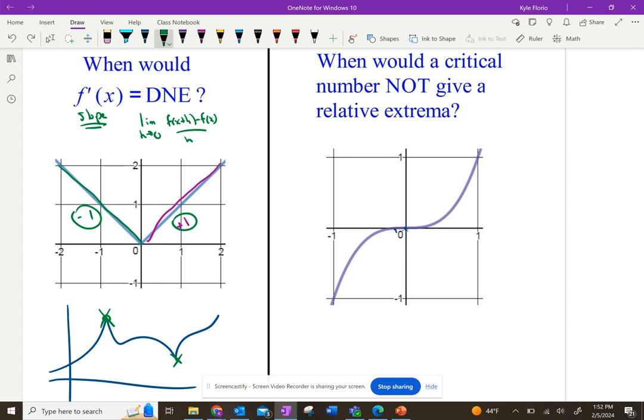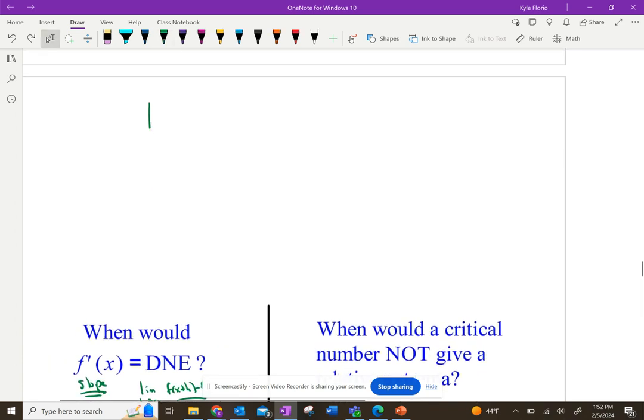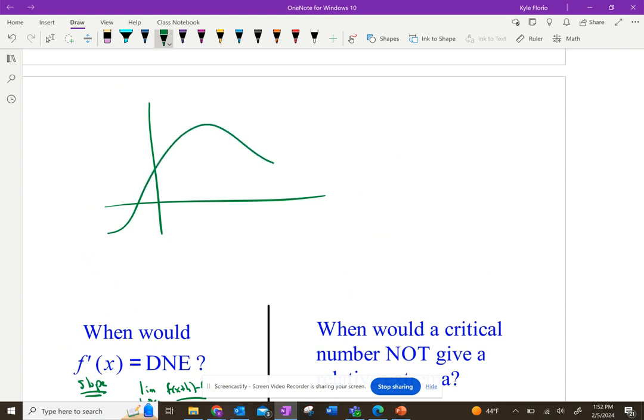This is what it might look like. Now, I said before, if we have a max or min, it's got to be at a critical number. So before, when I asked whether the function has any horizontal or vertical tangent lines, what we would do is find out when the derivative equals 0. That tells me where my maxes and my mins are, when I have my horizontal tangent lines, when the derivative is 0.